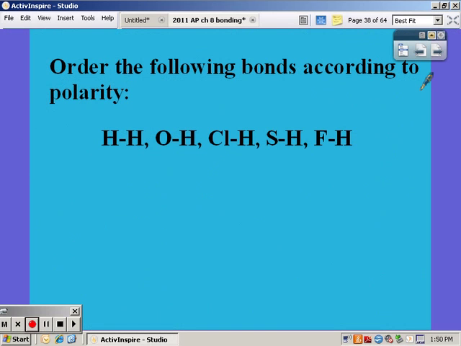Go ahead and order the following bonds according to polarity. So you need to find the difference in electronegativity for each of these and then rank them.